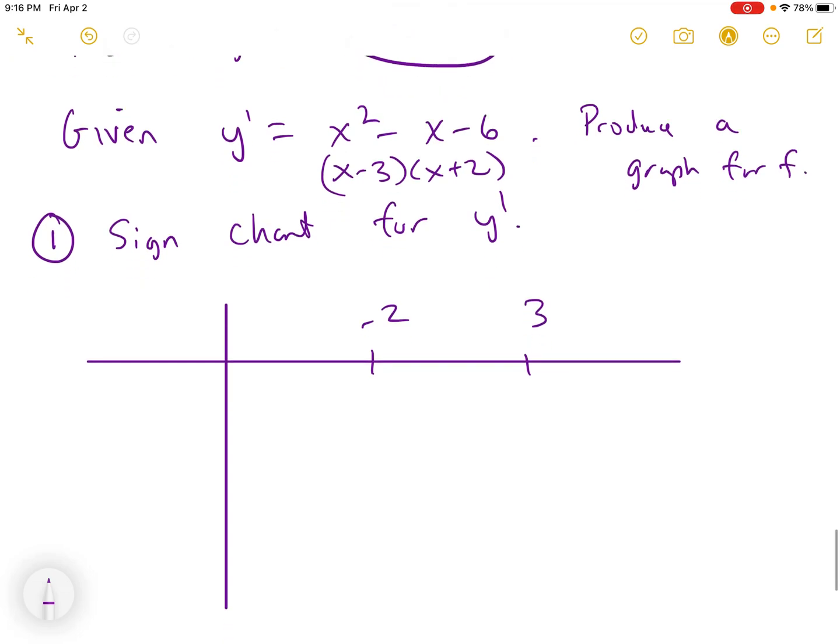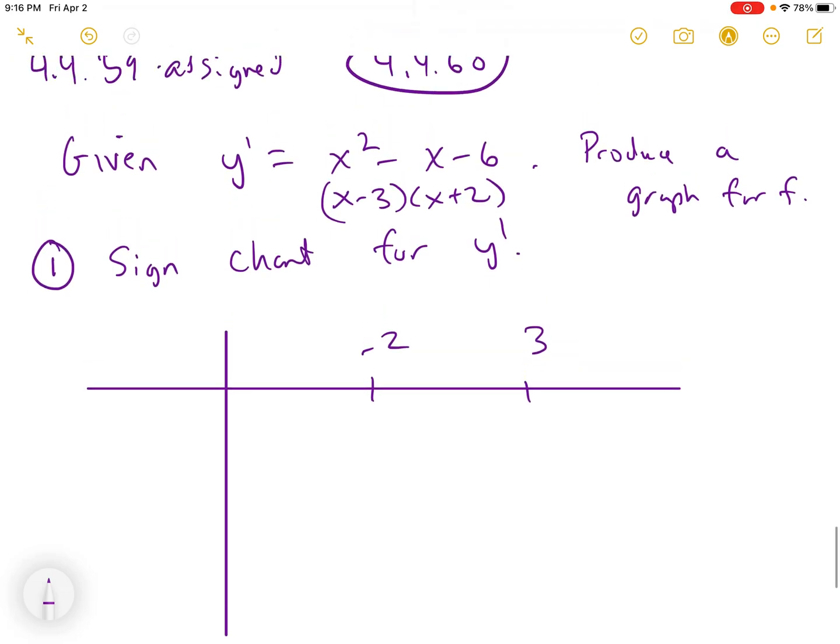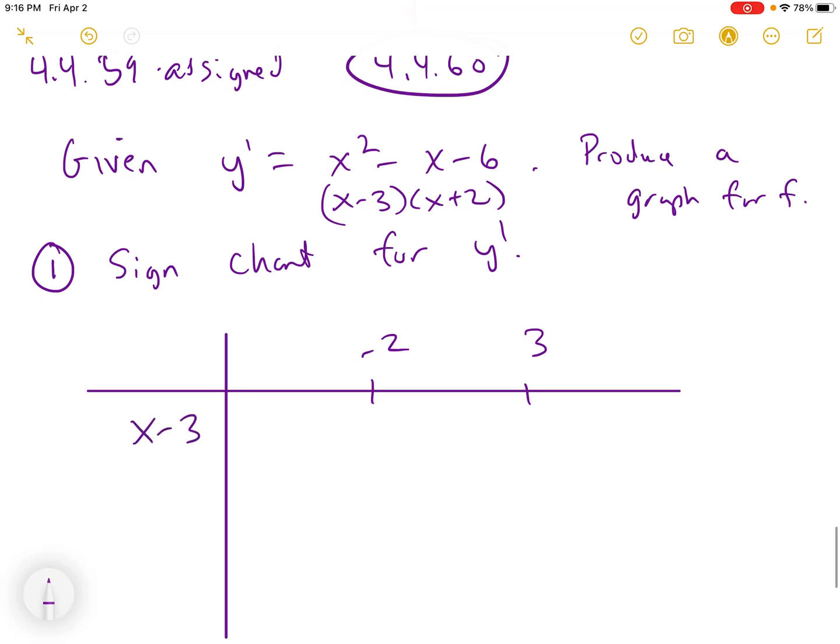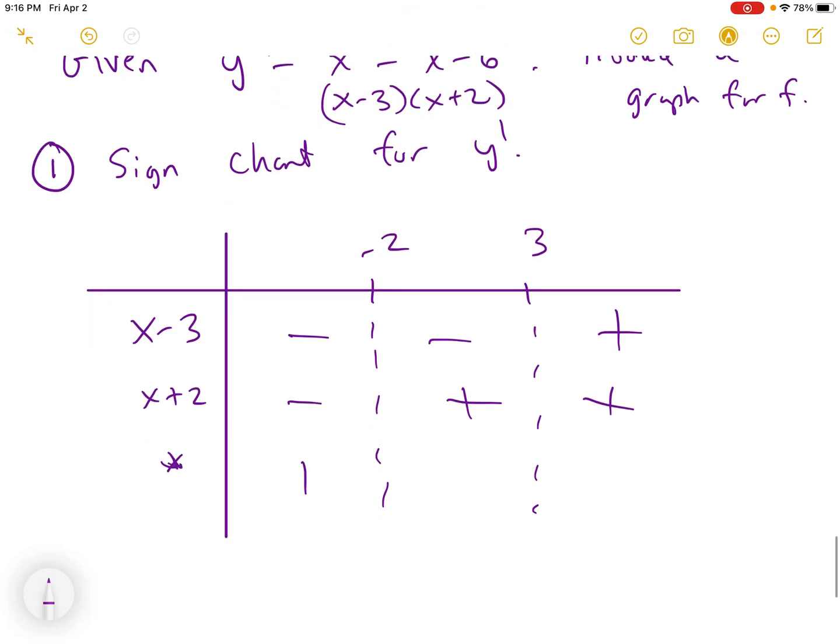And that's where f prime of x is 0. So this is a max and a min. It's plus, minus, plus, right?